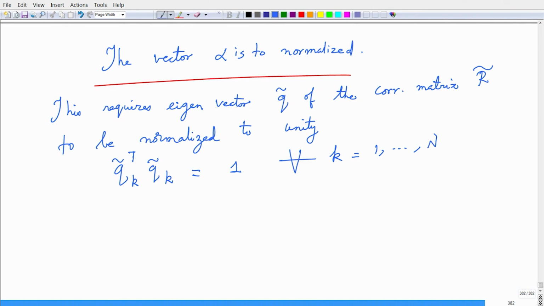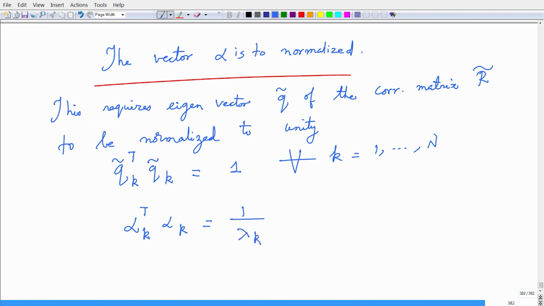So, if you are arranging the eigenvalues in decreasing order, then you can formulate like this. And also you can verify from these results that alpha k transposed times alpha k equals 1 upon lambda k.